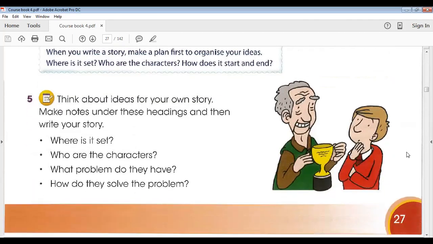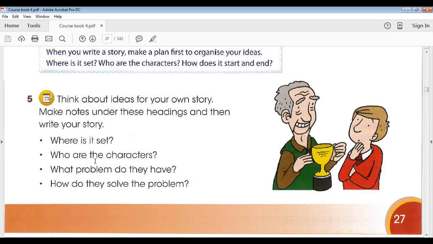Then question number 5 is about, think about ideas for your own story. Make notes under these headings and then write your story. We discussed this topic also, and as I mentioned earlier, I asked the students to think about writing their own short story, and then I asked them to include these headings, which are the different parts of story writing, like where is it set, the background of the story, the plot of the story.